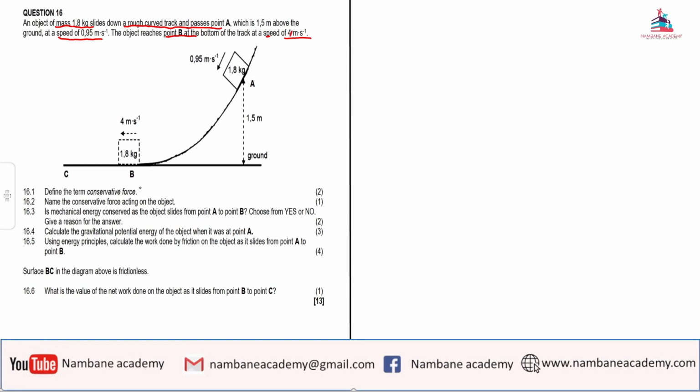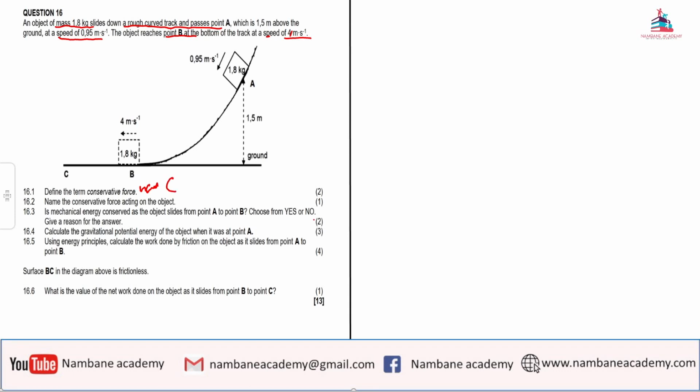16.1 is a definition. What did we say about a definition? We said definitions are non-negotiables. It says define the term conservative force. A conservative force is a force for which the work done in moving an object between 2 points is independent of the path taken. And I must emphasize that this is either 2 or 0.